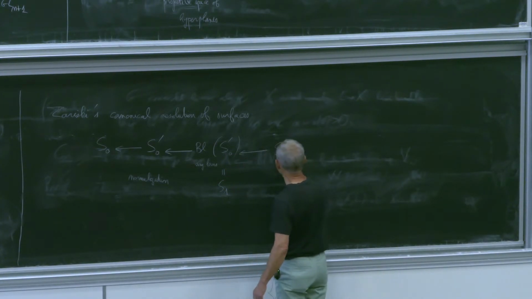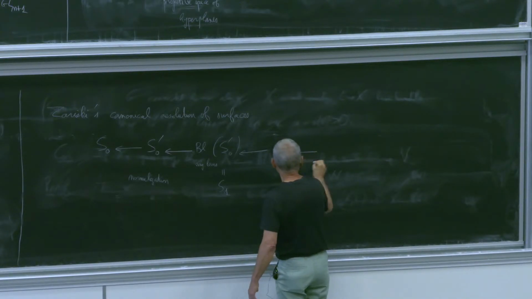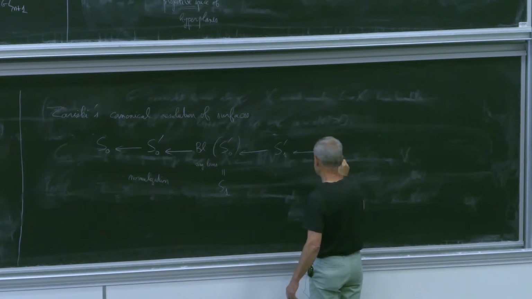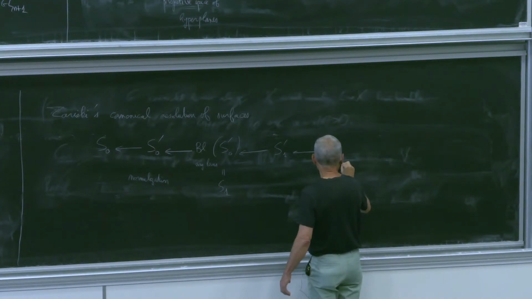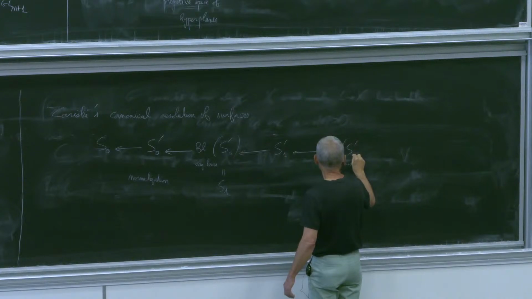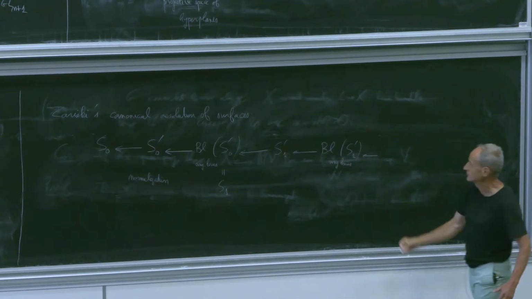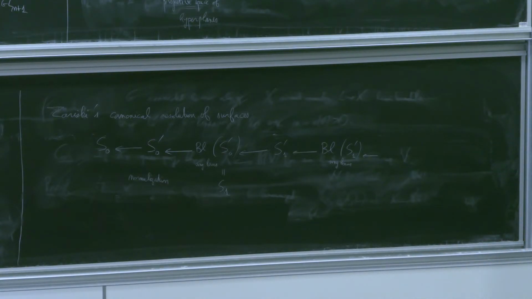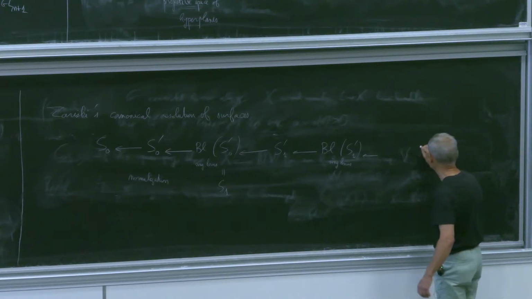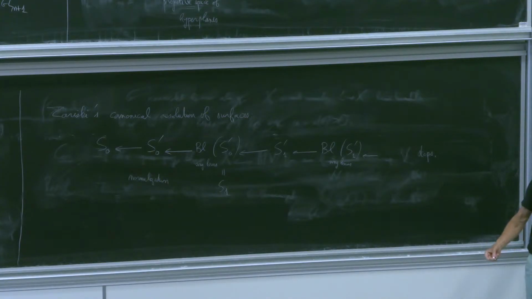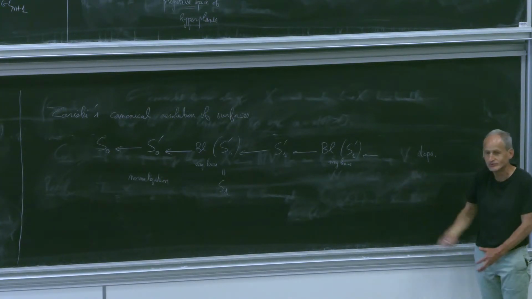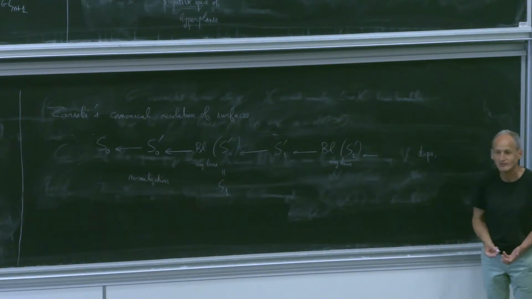Then you normalize, and then you blow up the singular locus. And you iterate this process. And Zariski's theorem tells you this stops. And when it stops, your surface is smooth because first of all it's normal, and secondly there is nothing to blow up.